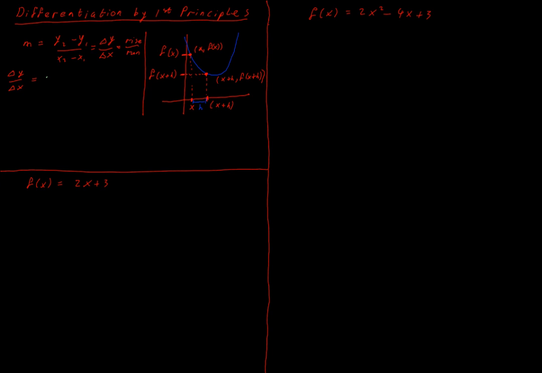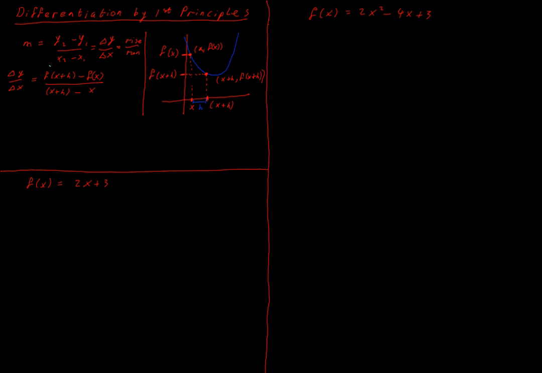So I'm going to have y2 is f of x plus h, minus y1 is f of x, all over x2 is x plus h, minus x is x1. So this is my slope equation written in this kind of funny function notation that's going to be useful for when I want to write it in terms of limits.